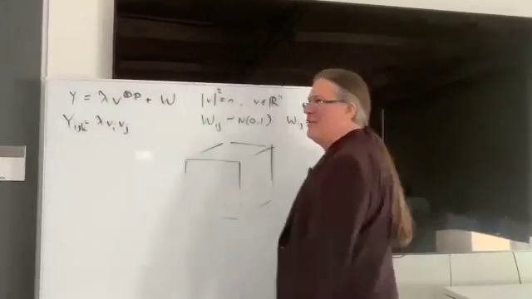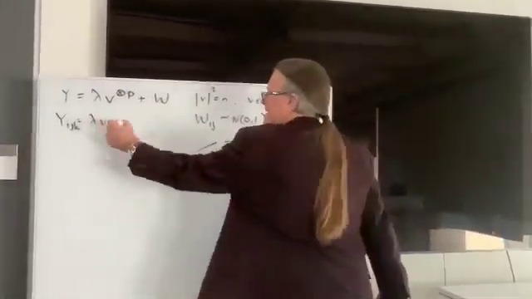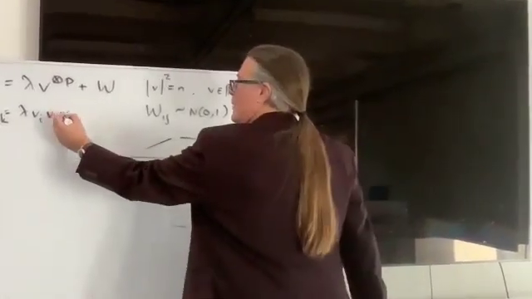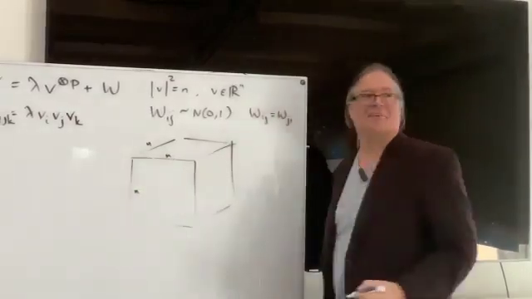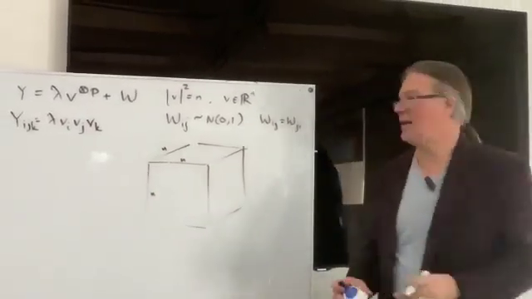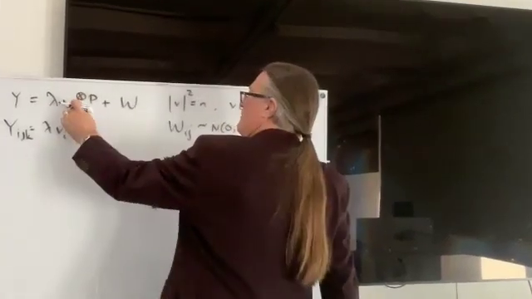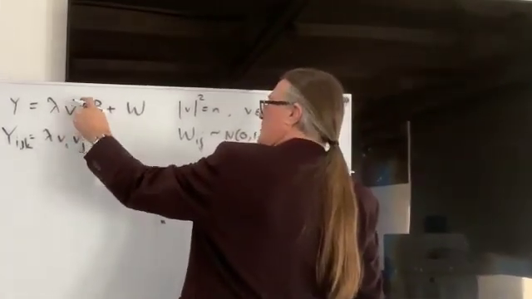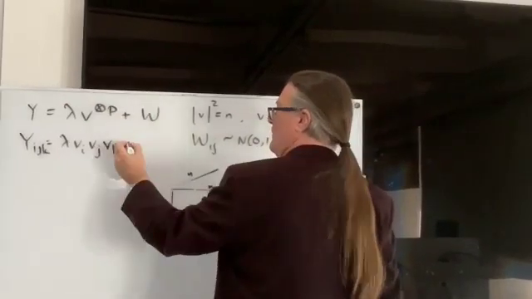So if I say high dimensional tensor, I don't mean it has many, many indices. What I mean is that it's n by n by n, where n is large. Okay. So let's say that Y is v tensored with itself 3 times, plus lambda, plus W.